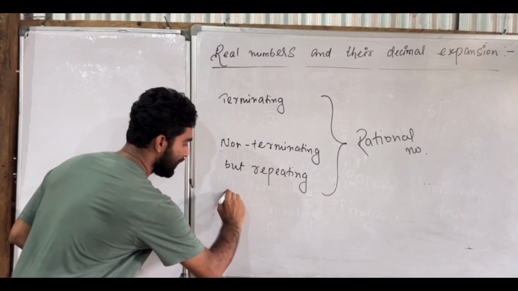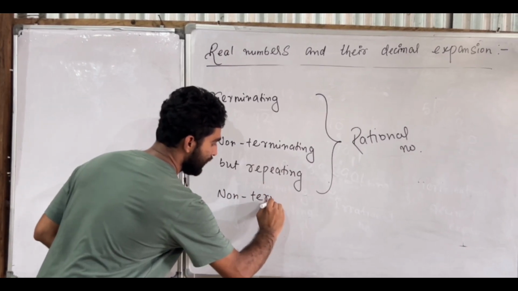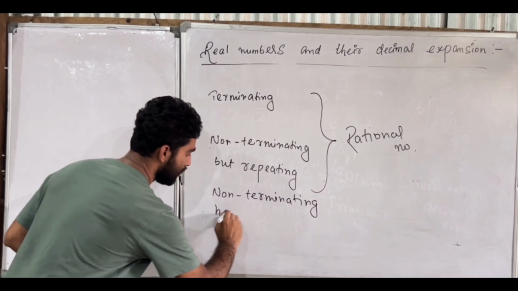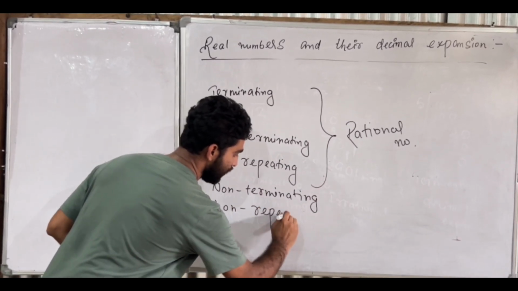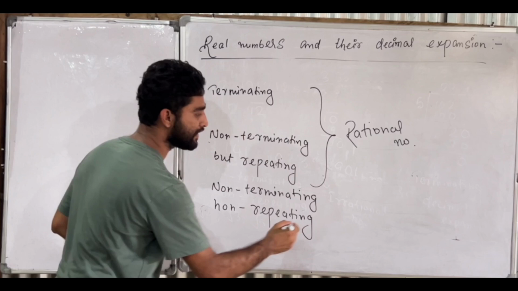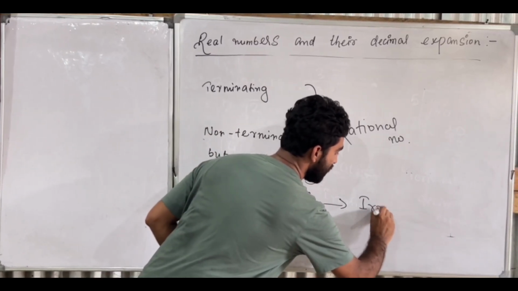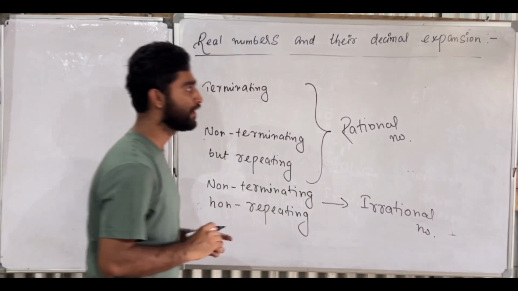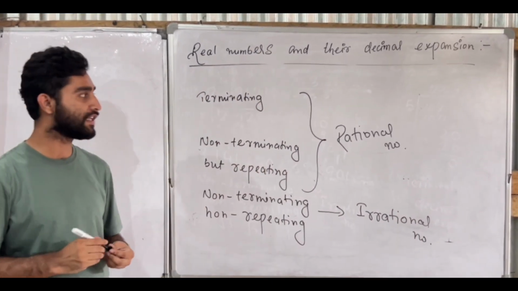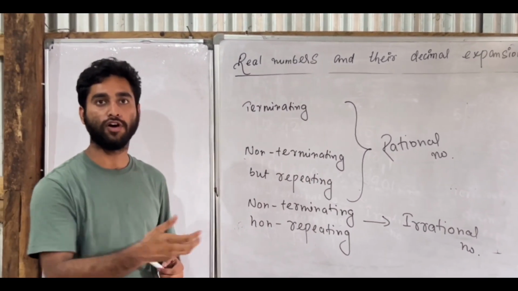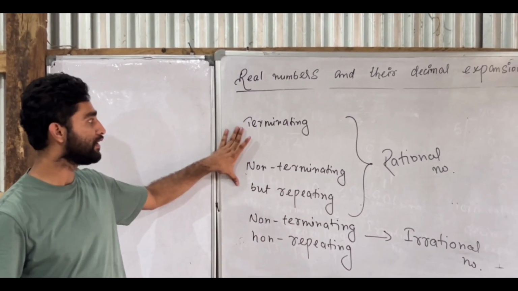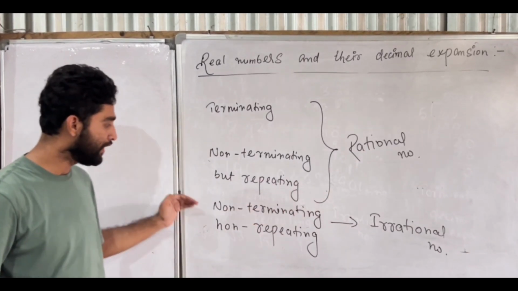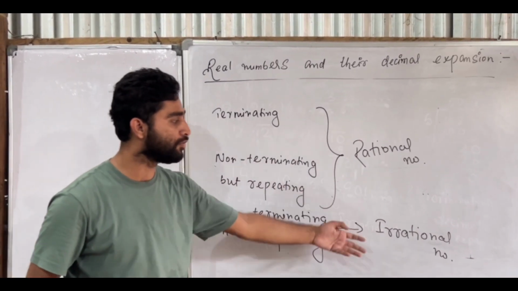Whereas if the decimal expansion is non-terminating as well as non-repeating, then this kind of decimal expansion is an example of an irrational number. So by looking at the decimal expansion we can say whether our number is a rational number or an irrational number. If our decimal expansion belongs to these two categories, then our number will be a rational number. If it is non-terminating, non-repeating, then it will be an irrational number.